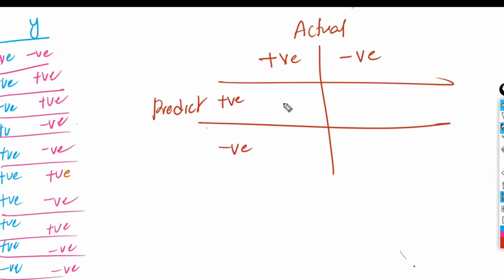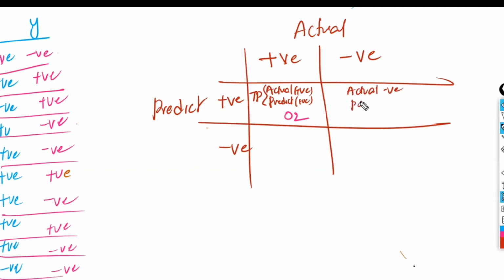Now, what is this particular cell called? Actual positive and predicted also positive. How many values are there with that? Earlier you have written it, the same thing is called true positive. How many values are there? 2 values. Now, this one is with respect to actual. Tell me what is actual? Actual is negative.